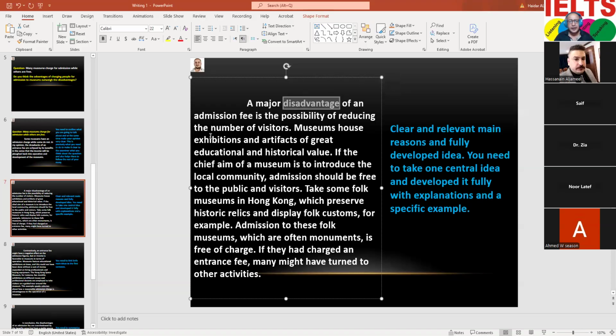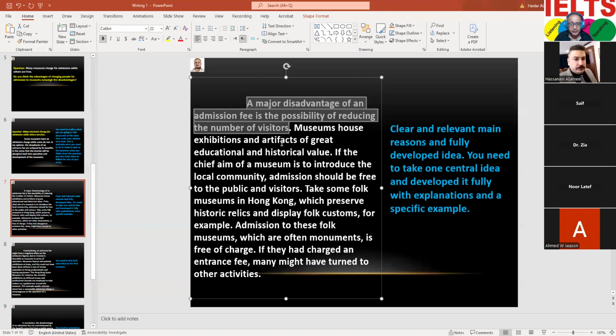This is clear. Of an admission fee is the possibility of reducing. What is the major disadvantage? The possibility of reducing the number of visitors. Now I explain this point in how and or why.